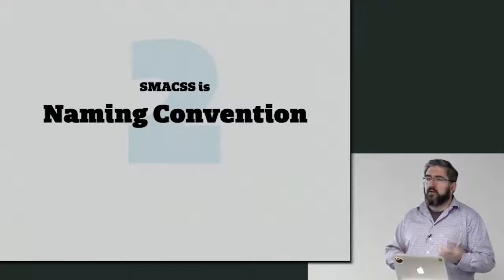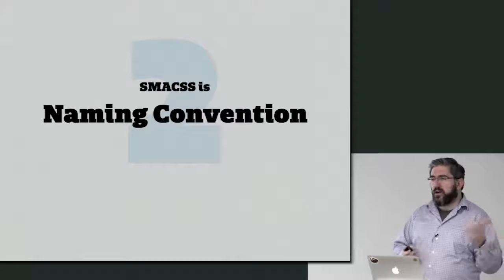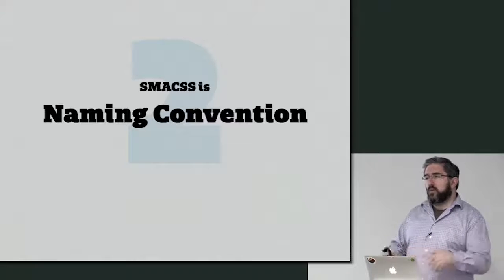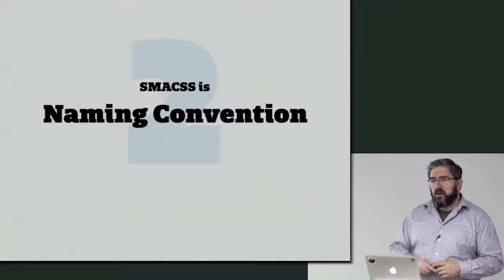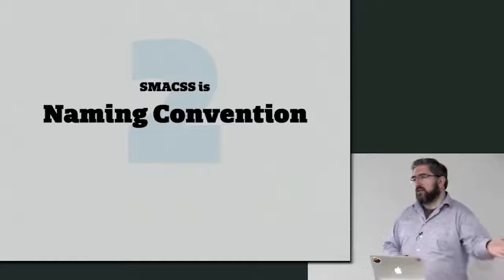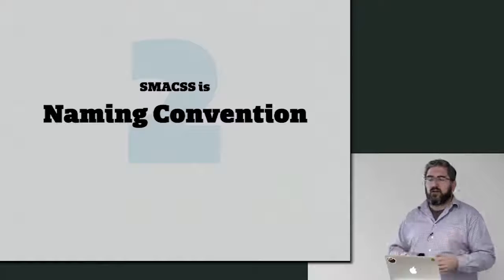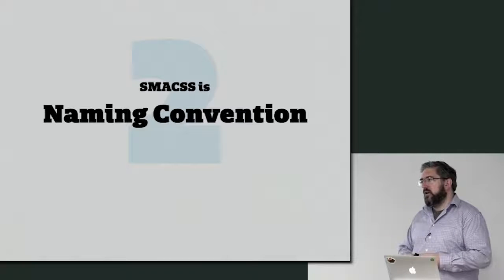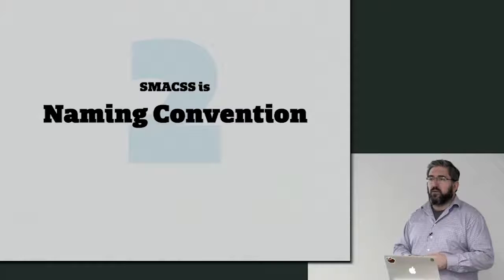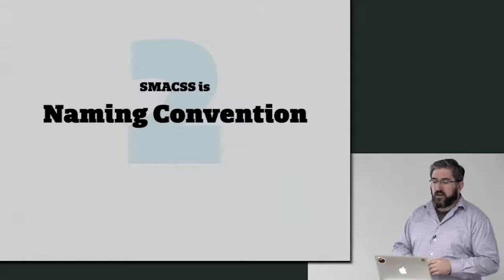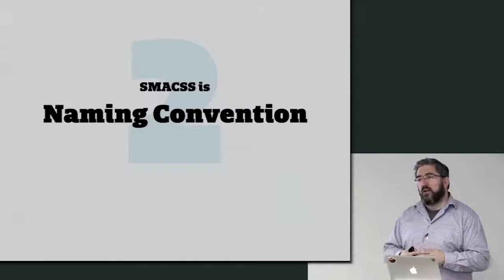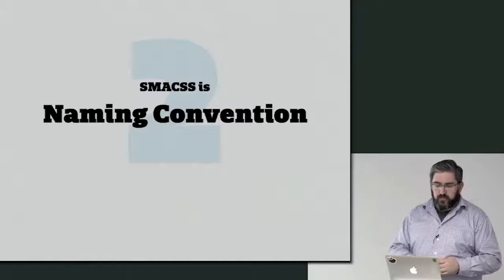That by separating the different types of CSS that we write, we would create better CSS. And what's interesting is that over the last 3 years, I've recognized that naming convention, more than anything, is actually the most important thing. Because it clarifies our intent in a number of different areas. It allows us to recognize when things belong together and when they don't.